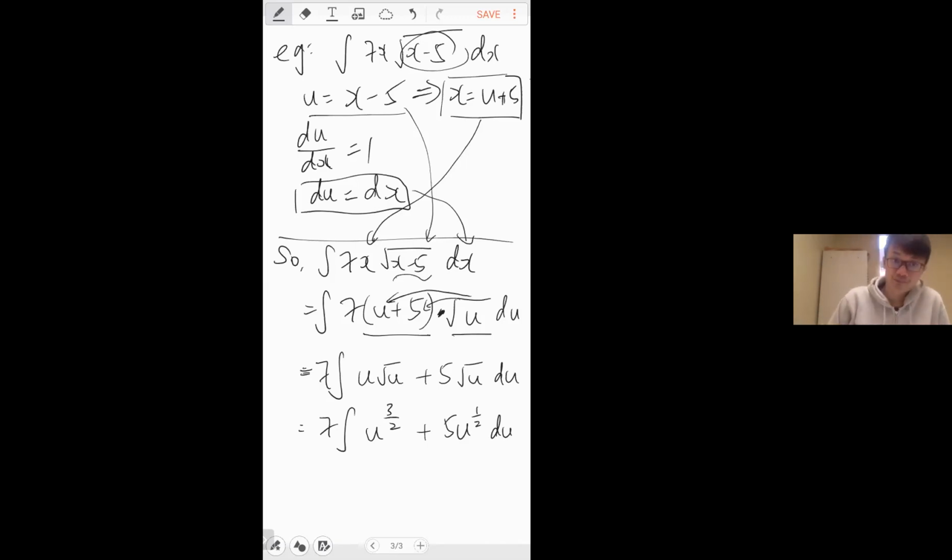Is it okay? And now you take the antiderivative. So now you can take the antiderivatives separately. The antiderivative of u to the 3/2 is u to the 5/2 over 5/2. The antiderivative of u to the 1/2 is u to the 3/2 over 3/2.